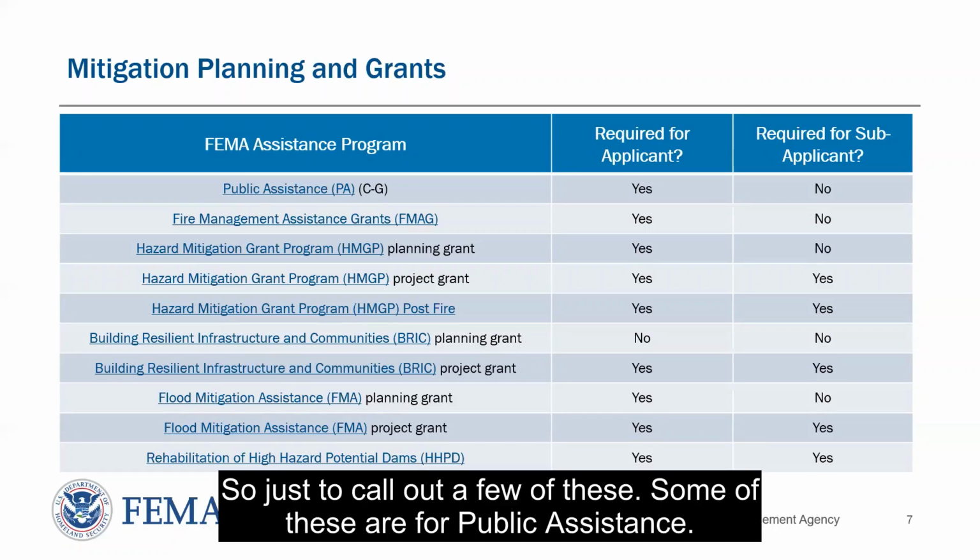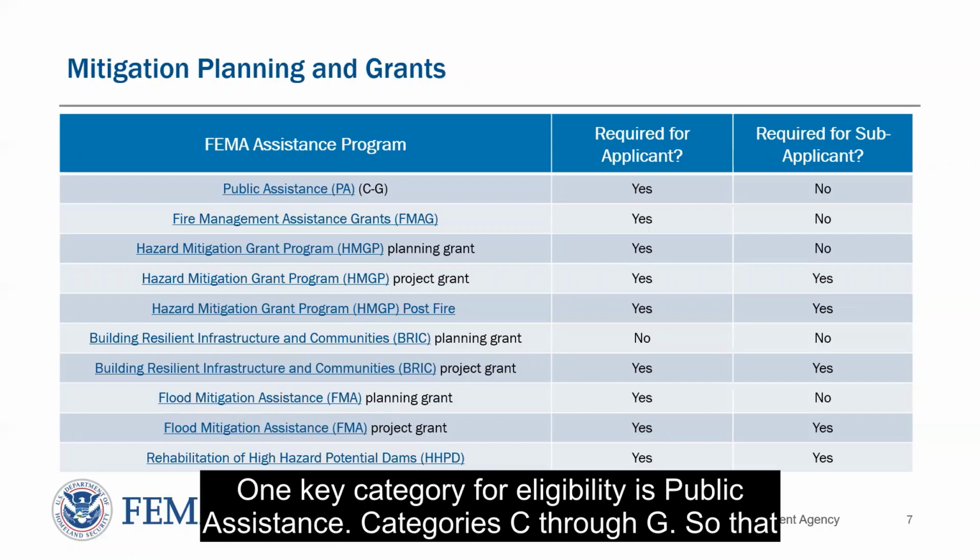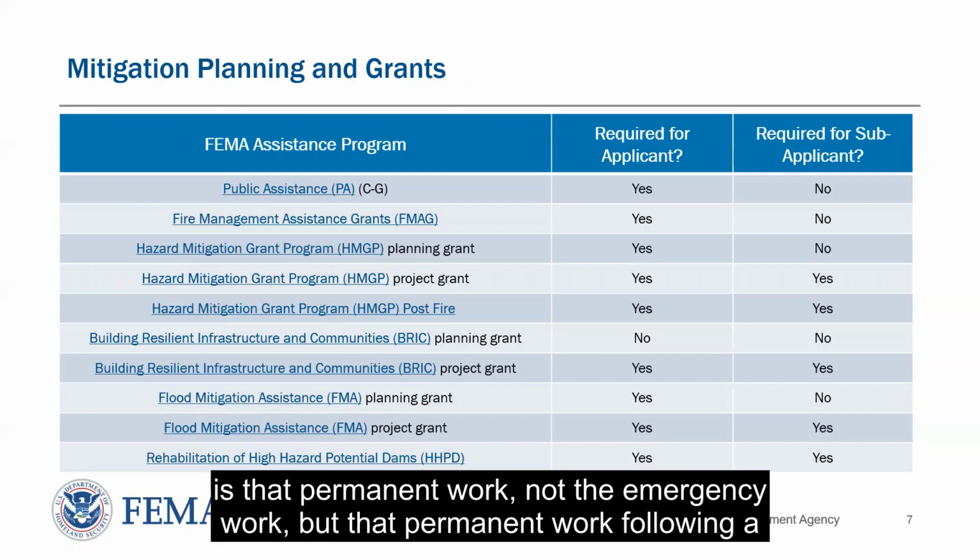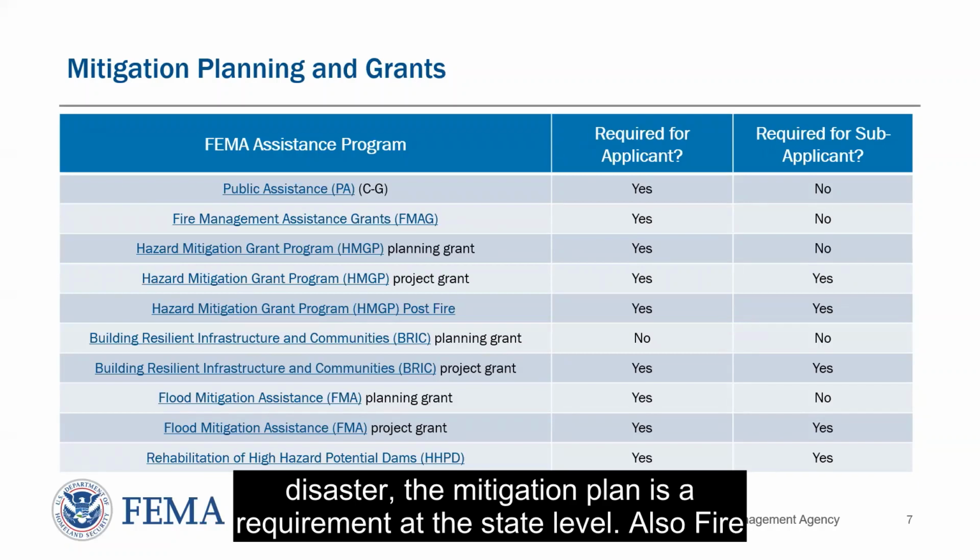So just to call out a few of these, some of these are for public assistance. One key category for eligibility is public assistance categories C through G. So that is that permanent work, not the emergency work, but that permanent work following a disaster. A mitigation plan is a requirement at the state level.